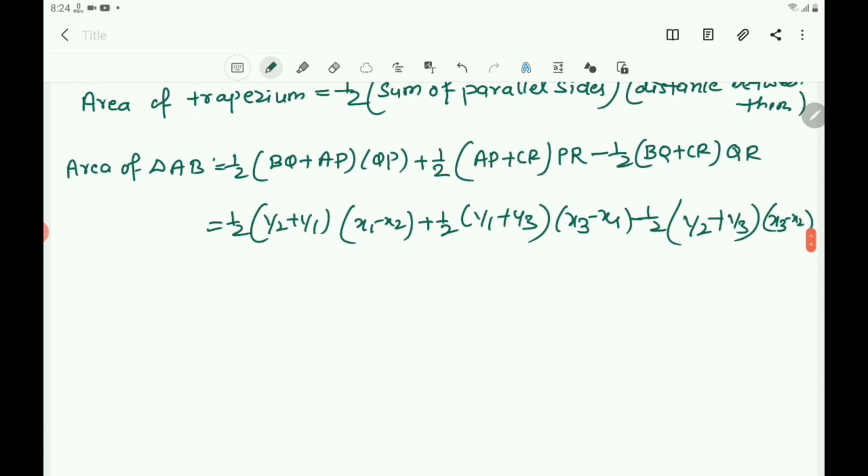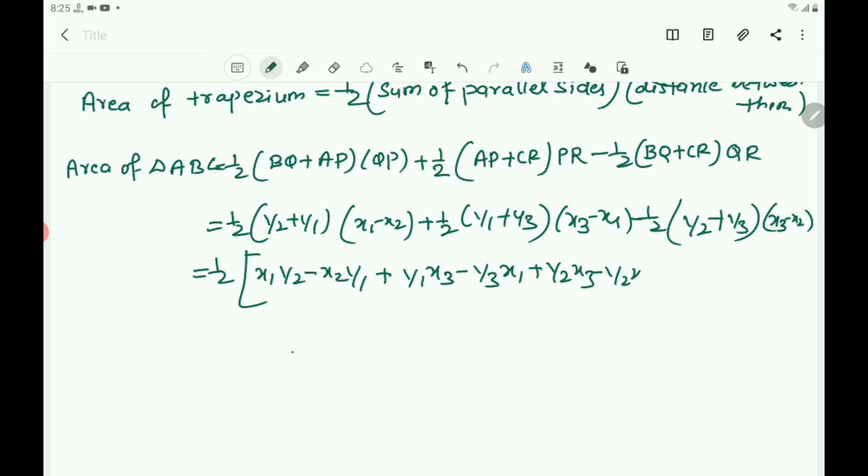Then you remove the common half, half into x1 y2 minus x2 y1 plus y1 x3 minus y3 x1 plus y2 x3 minus y2 x2 plus y3 x3 minus y3 x2.